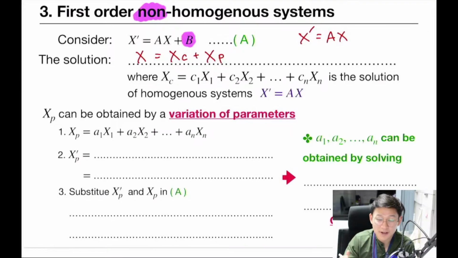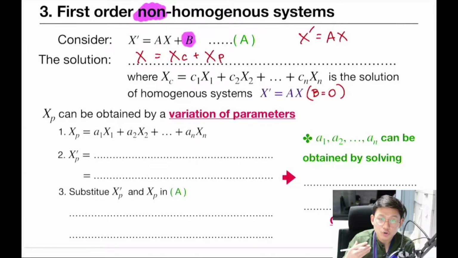We'll be talking about that again. xc is the solution of homogeneous systems, the solution when b is 0, when the systems are homogeneous. And xp, you can find using the variational parameters.